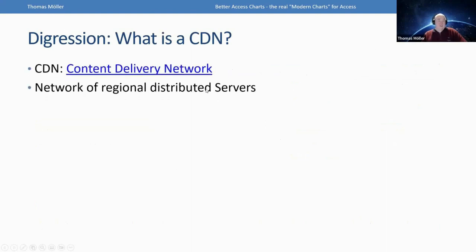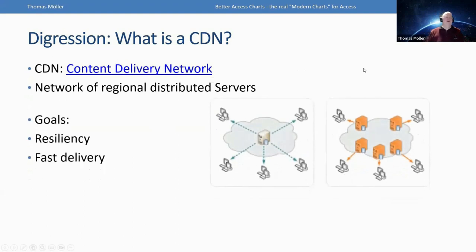Short digression, what is this CDN? It's a content delivery network, and we can imagine it as a network of regionally distributed servers. The goal is to get more resiliency and to deliver the files faster. Let's have a look at this picture here in the middle with one server in the center. If this server is down, the whole thing is down. And the solution is to have a network of regionally distributed servers.